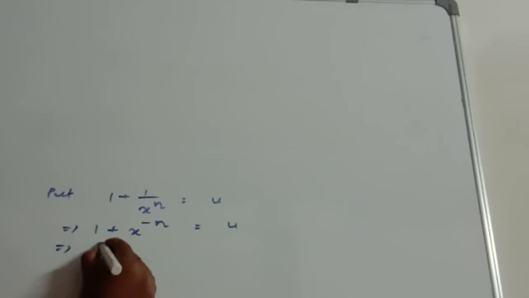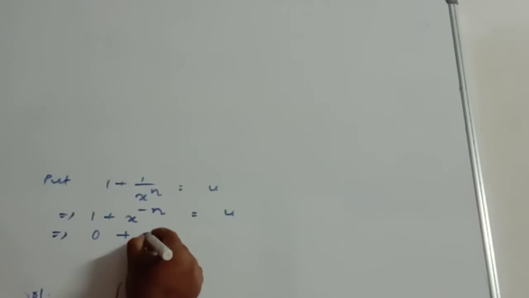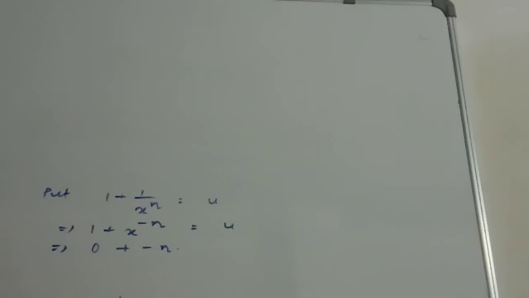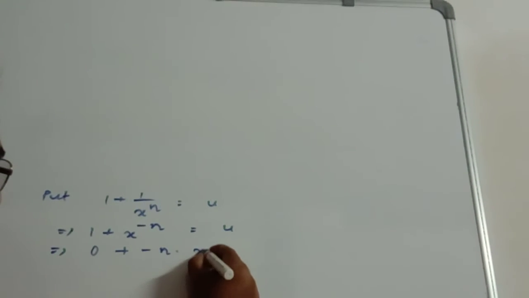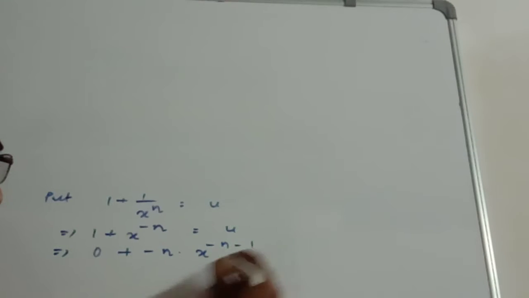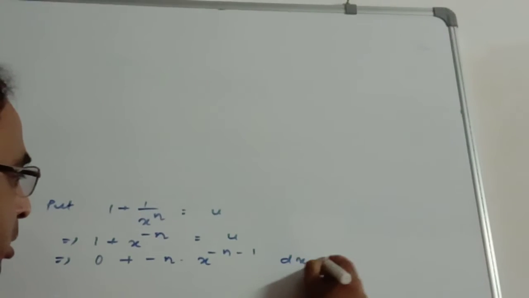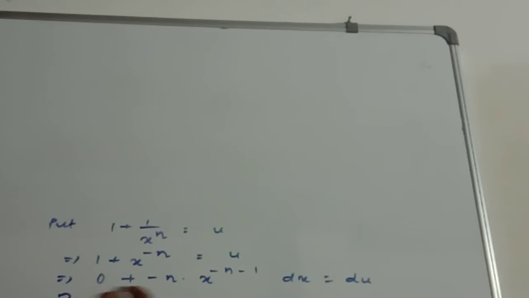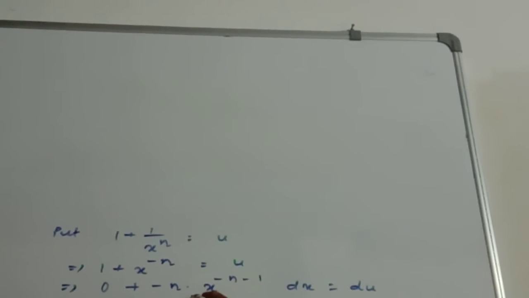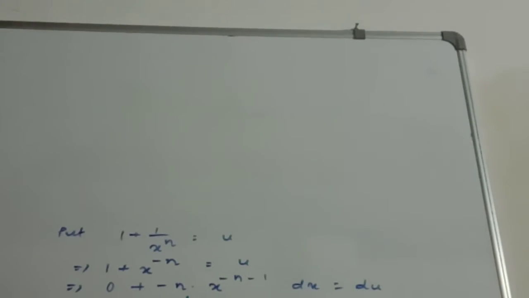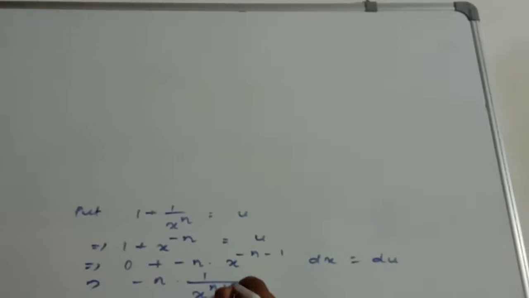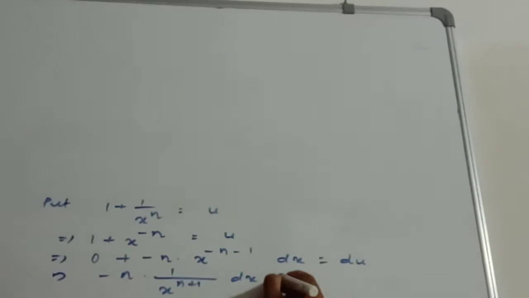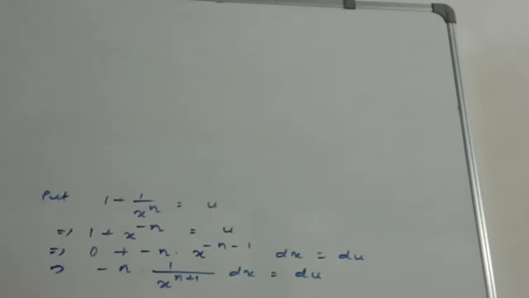So it becomes 0; now minus n will come at first, then x to the power minus n minus 1 dx equals du. Now minus n into 1 by x to the power n plus 1 dx equals du.